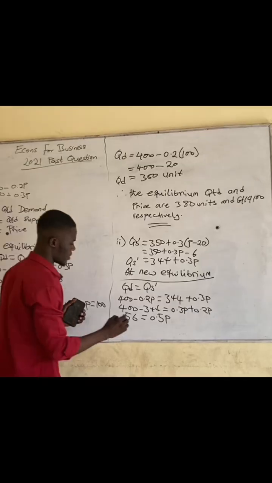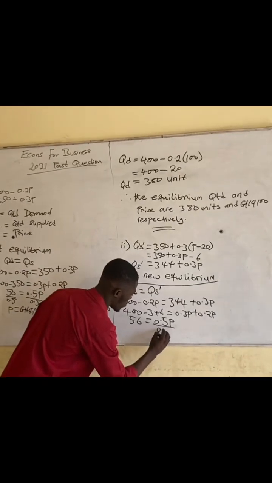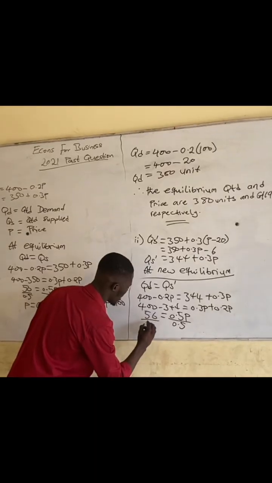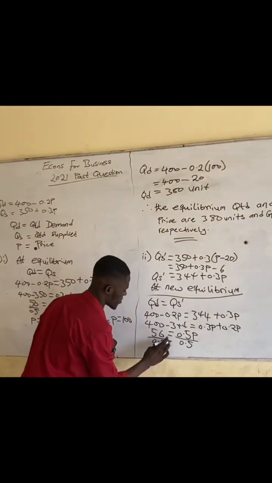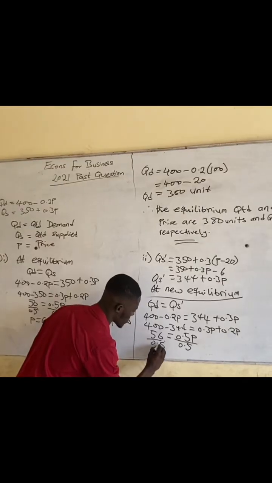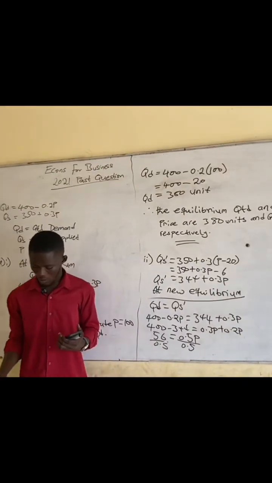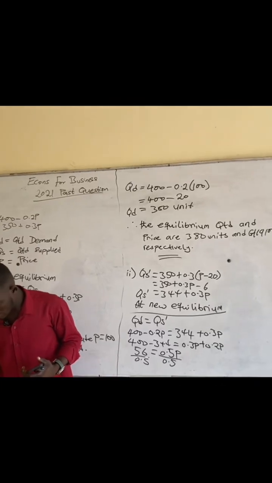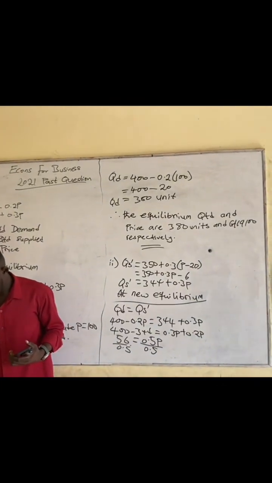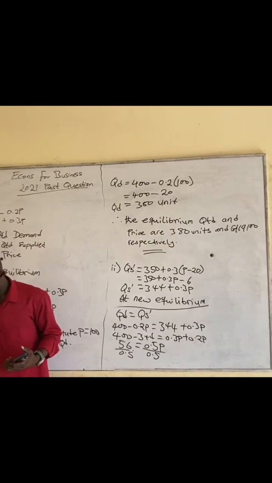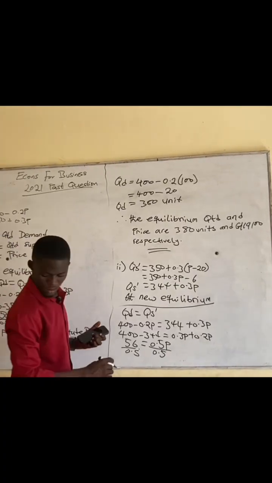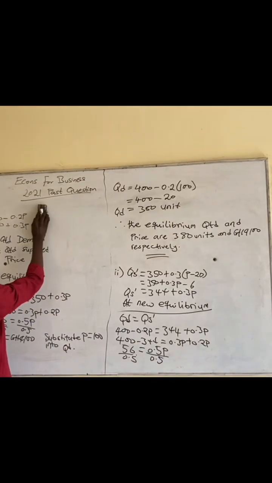So we divide by 0.5 on both sides: 56 divided by 0.5.